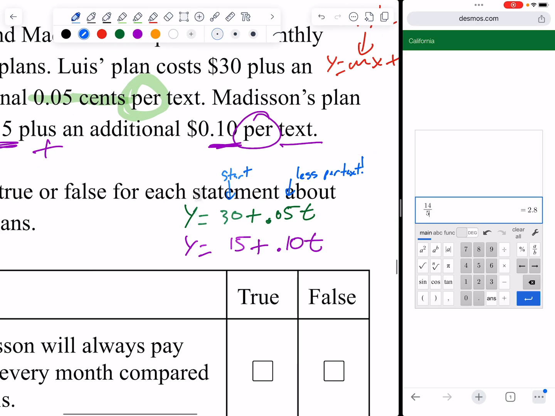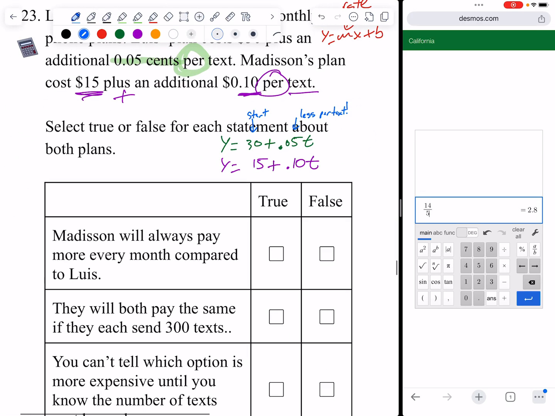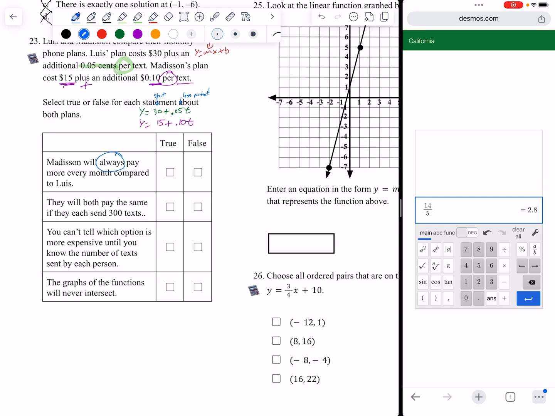Either way, these will intersect somewhere, okay? So what do they want us to know? Madison will always pay more every month compared to Luis. Is that true? Well, let me think about it. And I'm going to do this really quick.